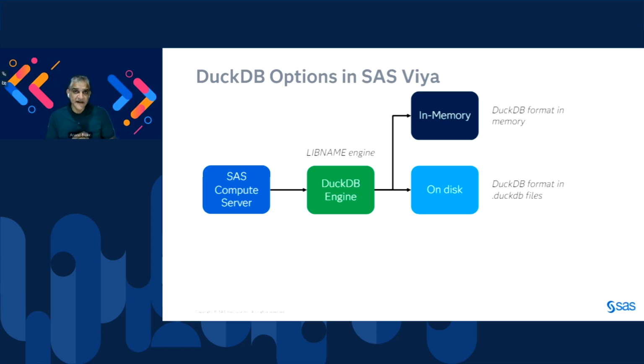Now, these DuckDB files are multi-table files. They are very portable, so you can basically take the entire experiment and host all of the files inside a single DuckDB file, which can be shared with other users that are using SAS or even Python and R, because there is the DuckDB native library that can consume DuckDB formats from other ecosystems as well.